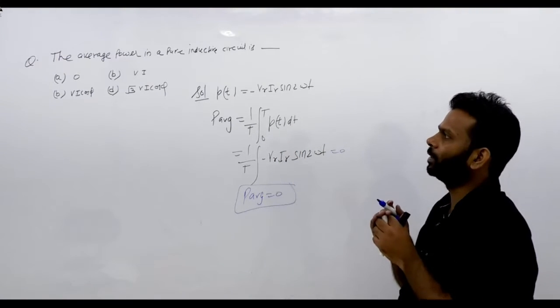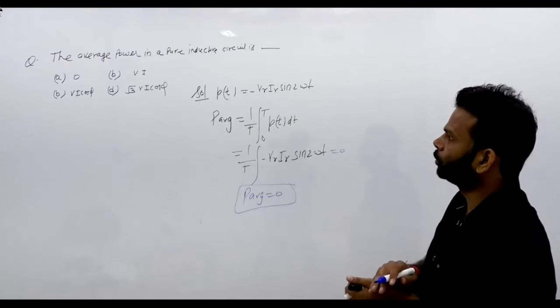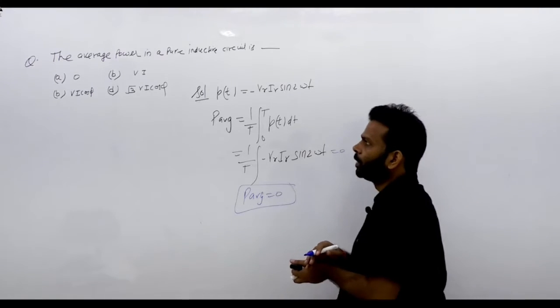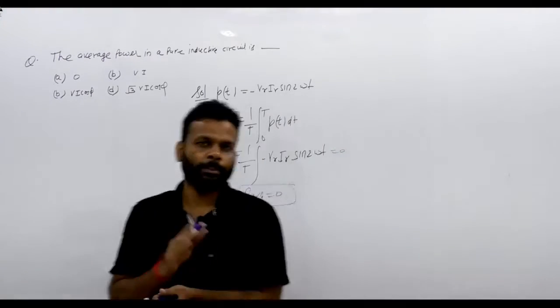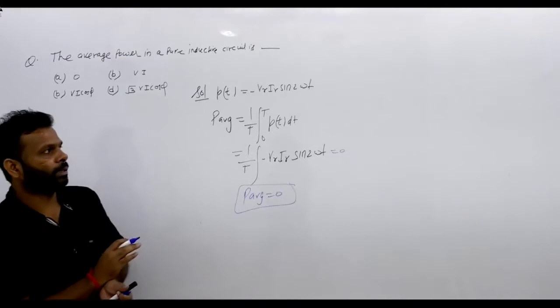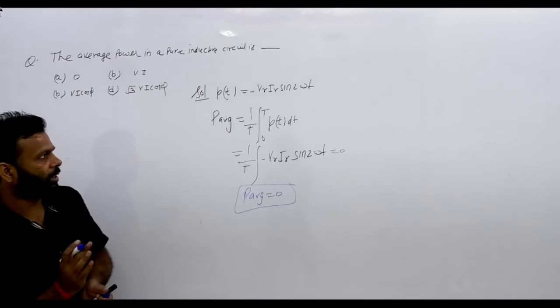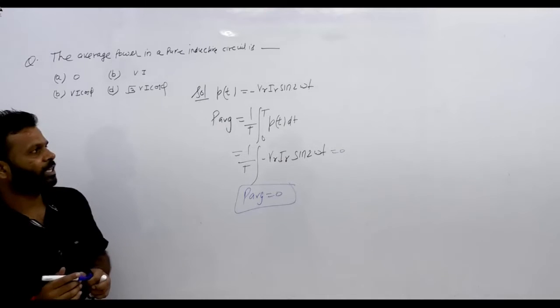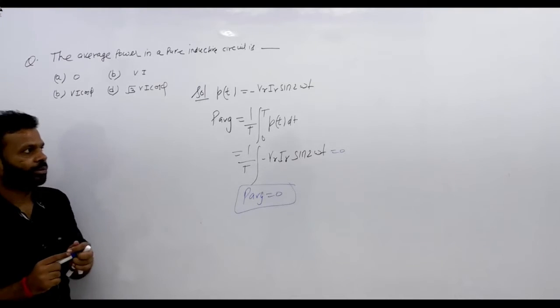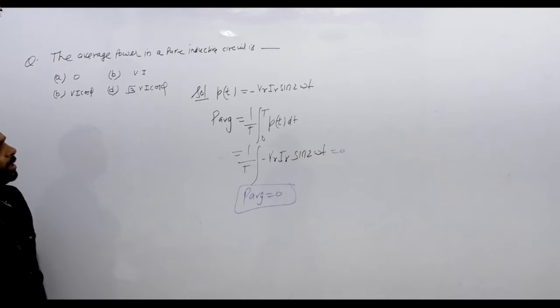That's why the average power is 0, and average power 0 means the inductor in ideal condition is a purely storing element, but practically in the inductor, it is a passive element just because of a resistance in series with the inductor.